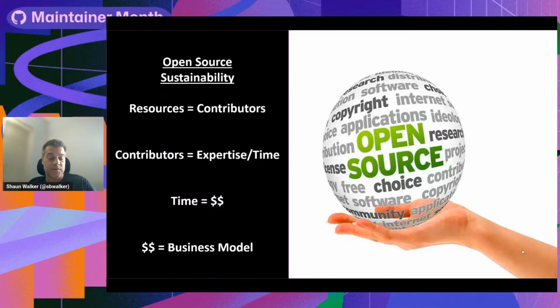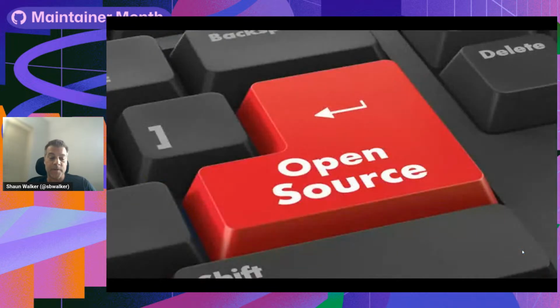Well, the resources are the contributors that are providing time and effort towards the open source project. And typically, in order for them to provide their time and effort, it requires some kind of a revenue model, right, which will provide them with the time so that they can focus on making those contributions. And in order to do that, of course, you do need a business model. And that's what we're going to be talking about today.